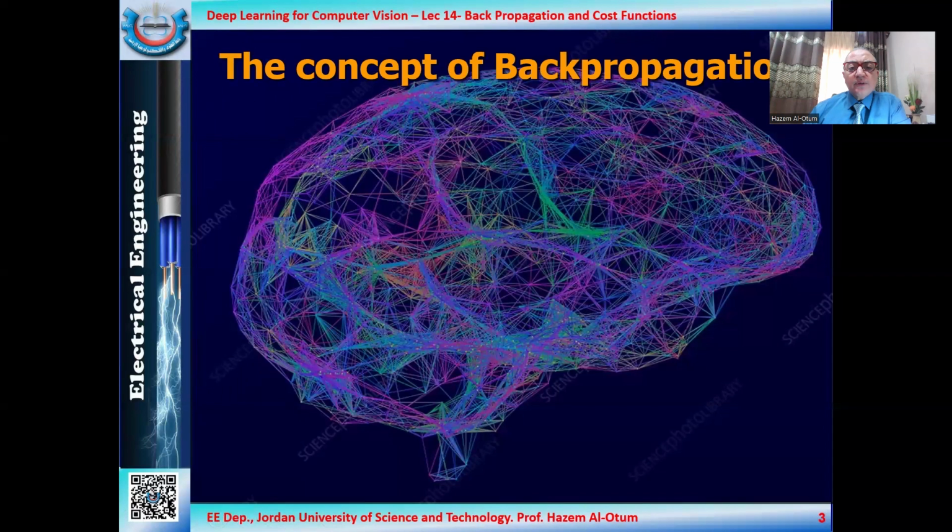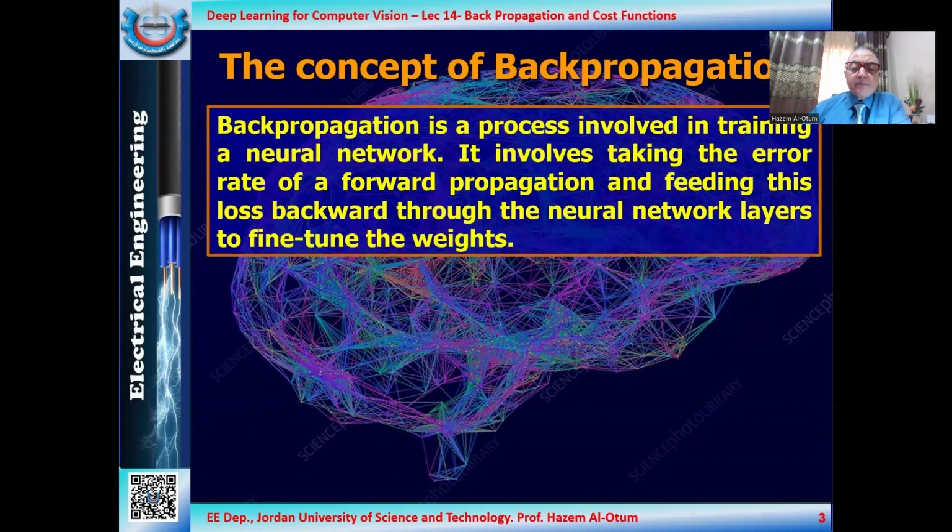Let's see what the main idea behind backpropagation is. So in general, suppose that you are building a neural network and you are feeding your inputs to the system, and you can get your desired outputs, or outputs that are very close to the desired outputs.